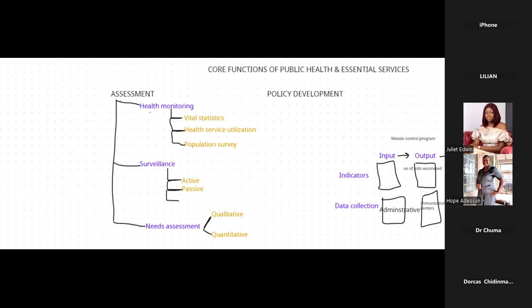We also do what? Qualitative data, where we go into the community. Sometimes it will require what they call the transect walk, where somebody takes you around the community for you to see how they live and the conditions of the environment. It may also require participatory approaches, where you engage the community and tell them, give us key persons, let's look at this community together and see its health status.